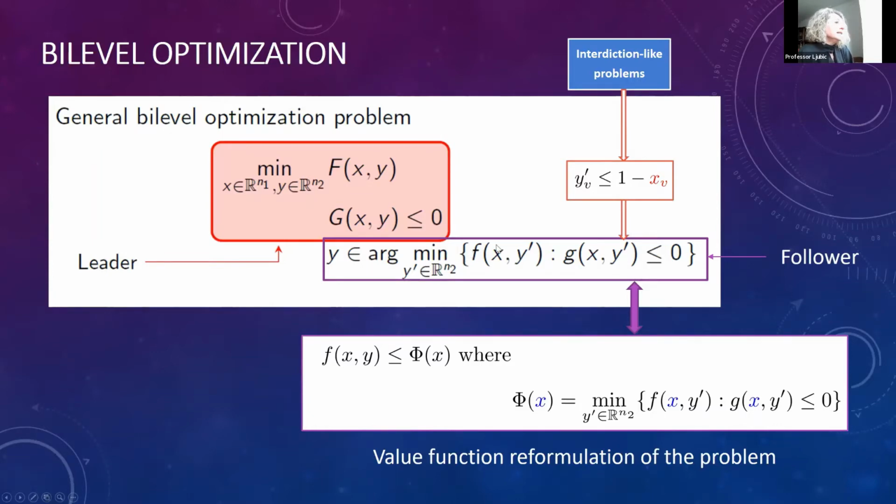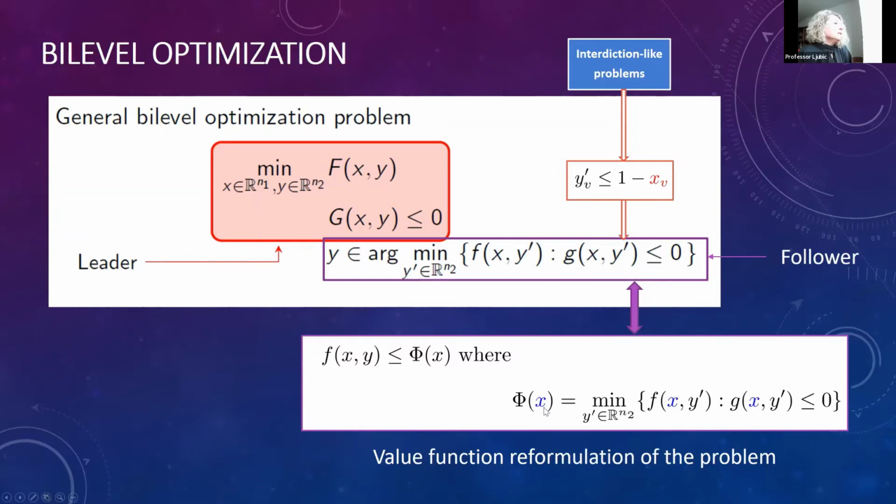We can state this in a different way: the value of the lower level problem for any given X and Y has to be less than or equal to phi of X, where phi of X is the optimal solution value for the lower level problem whenever we fix the value of X. So phi of X is a function that describes how the value of this optimization problem changes while changing the value of X.